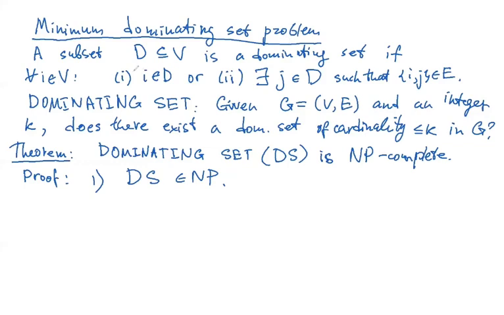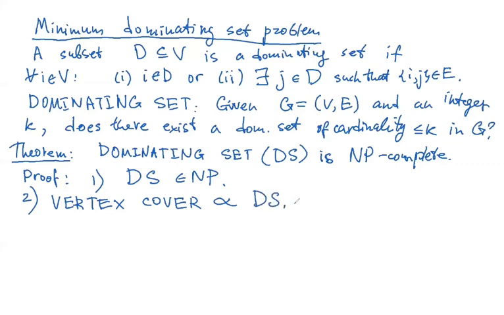And clearly, it is easy to verify that the dominating set is indeed the dominating set. So it's clearly polynomial. So dominating set is in the class NP. And then the second part, we will reduce the vertex cover, which we already know is NP complete, to the dominating set problem. So the vertex cover is polynomial time reducible to dominating set.